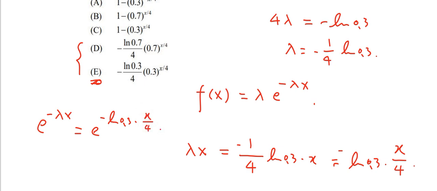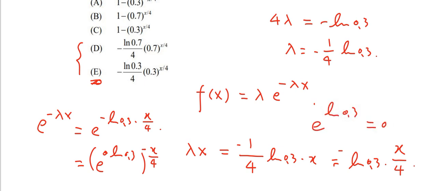So e to the negative lambda x equals 0.3 to the power x over 4.